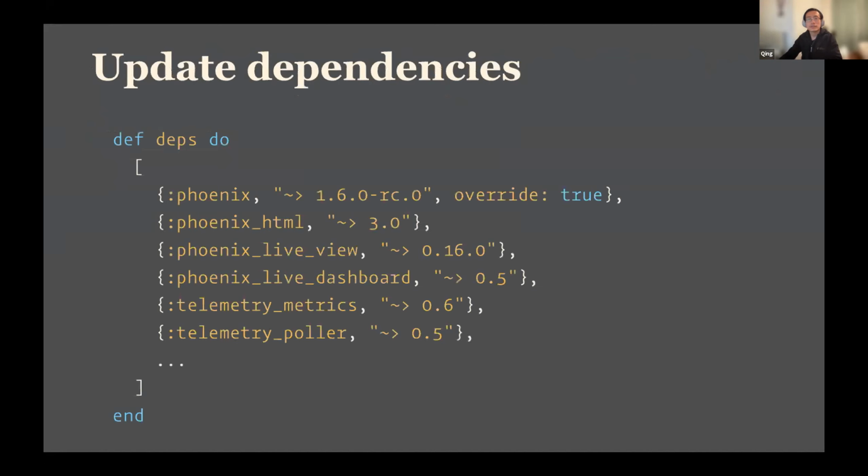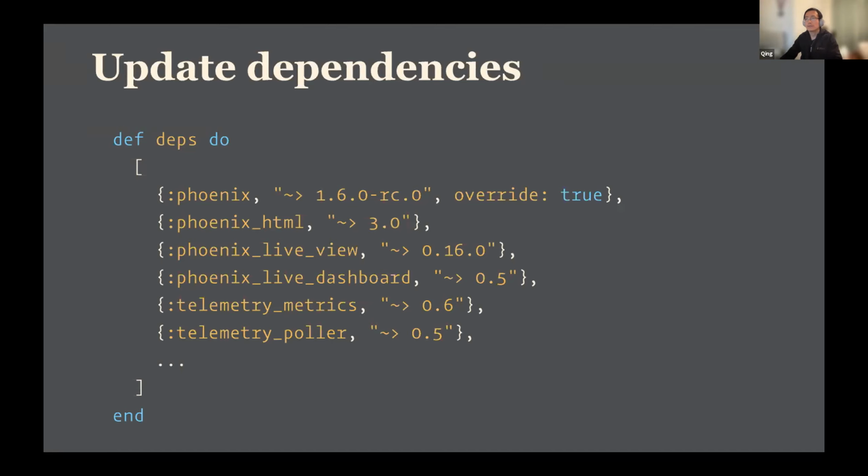First, we needed to update the dependencies. Specifically, we wanted to update or add the following in the mix file of our Phoenix application. Two things to note here. First is the override true option for Phoenix is important because again, Phoenix 1.6 is still in RC.